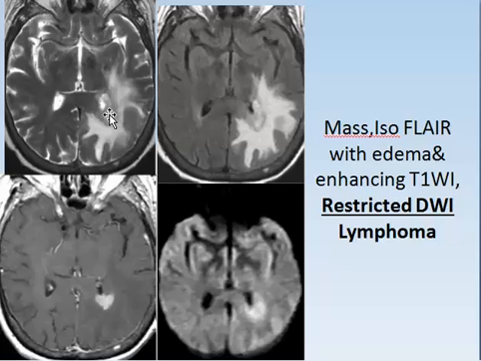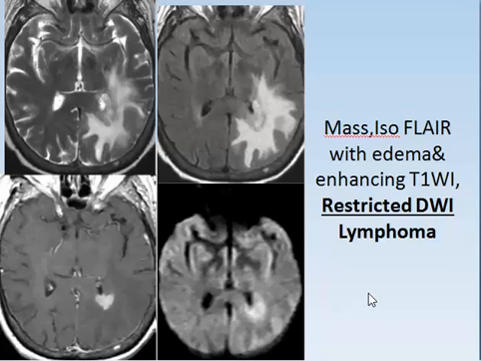hyperdense area, or in FLAIR it is more evident that it is rather not apparent, it is isointense with marked edema surrounding, while in T1 weighted images the region of the tumor itself is now enhancing, and while in diffusion weighted images it is hyperintense due to restriction.